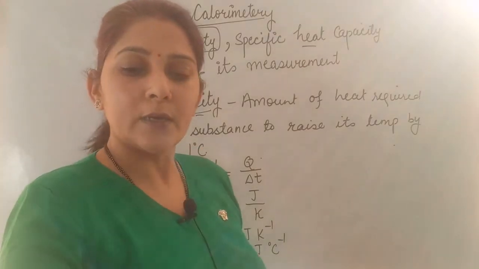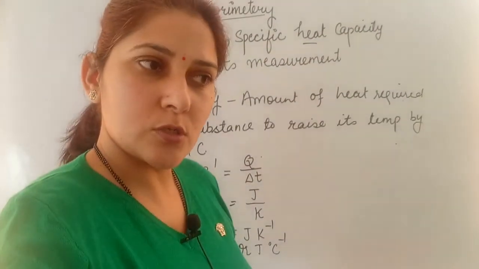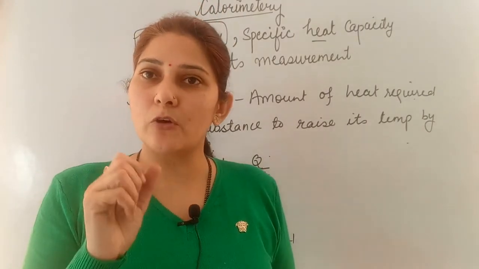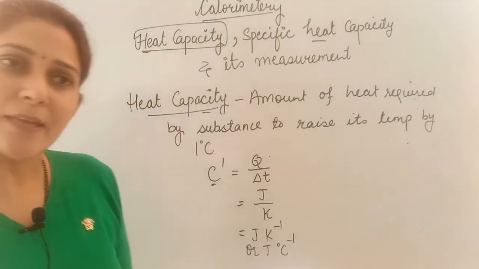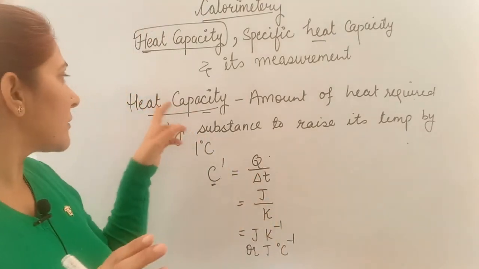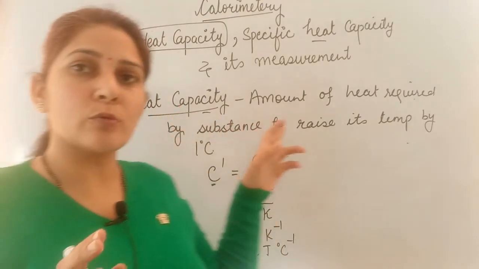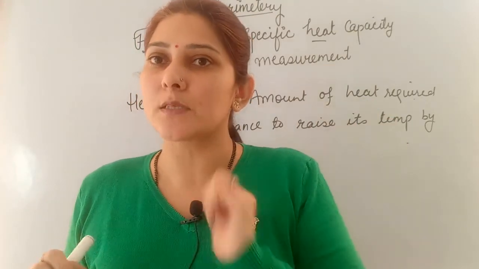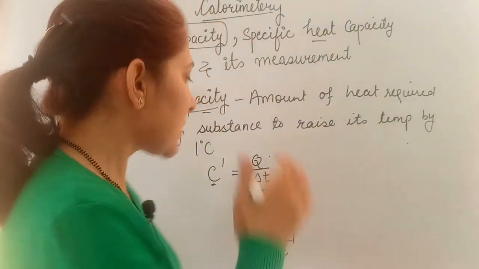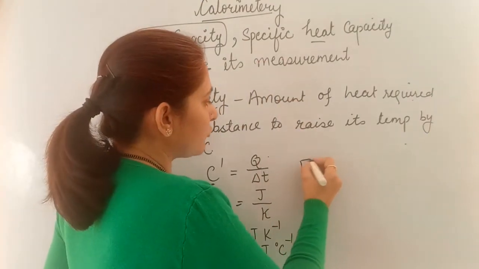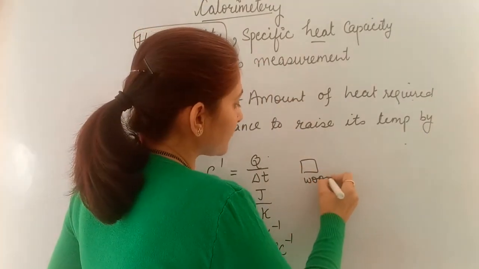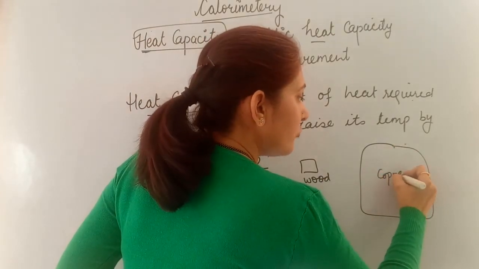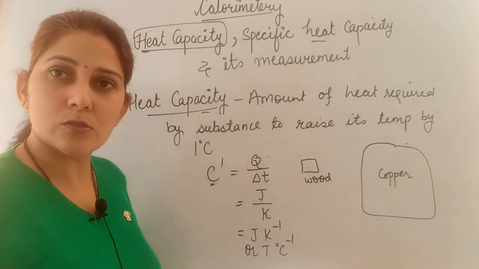How can we not tell? Suppose I am talking about a piece of wood and a piece of copper. You cannot tell by taking heat capacity into consideration whether wood is a good conductor or copper is a good conductor. Why so? Because I have two pieces, one of wood and another of copper, but I have not specified the size of these two.